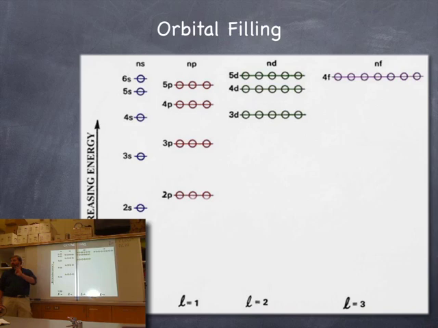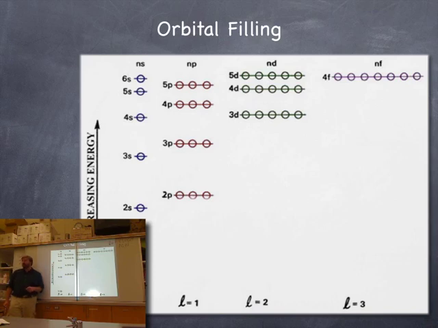And this is where the third rule comes in, called Hund's rule. And Hund's rule, or the rule of maximum multiplicity, says that you want to put 1 electron in each orbital before you start doubling up. If you think of this as children going in a room, do they want to double up, or do they want to be 1 in each room before they start to have to share?